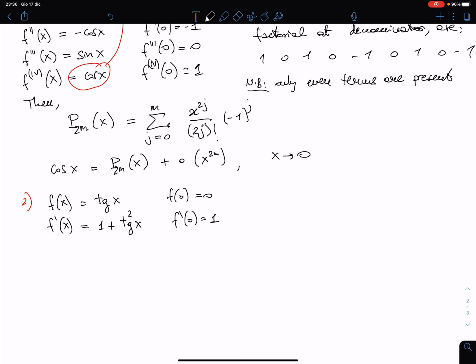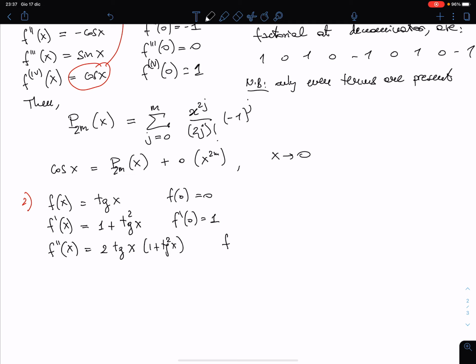F second of x is what? Here you have to differentiate, and you have 2 times tangent x, and then you have to differentiate tangent x, so 1 plus tangent square of x.